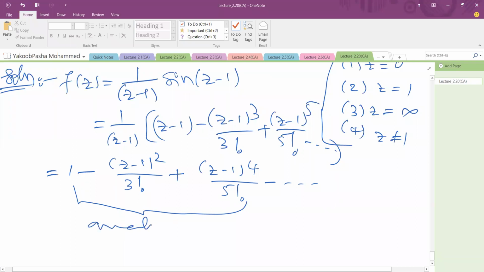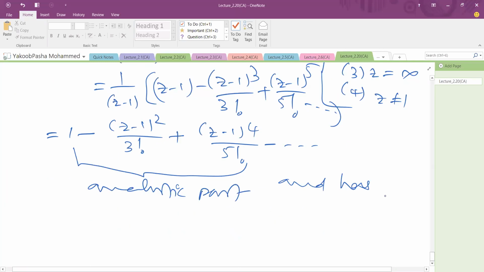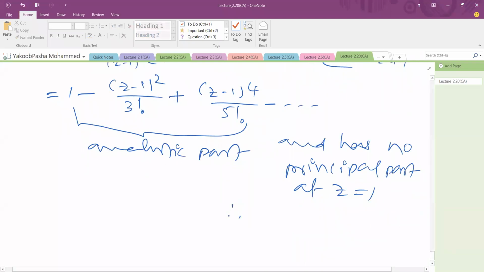As there is no principal part at z is equal to 1, therefore z is equal to 1 is a removable singularity of the function.